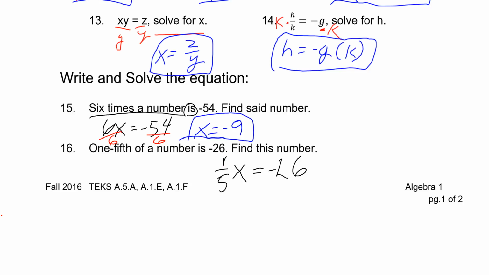So in order to get rid of the 1/5, we have to multiply both sides by 5. And that's going to leave us with x equals negative 130.